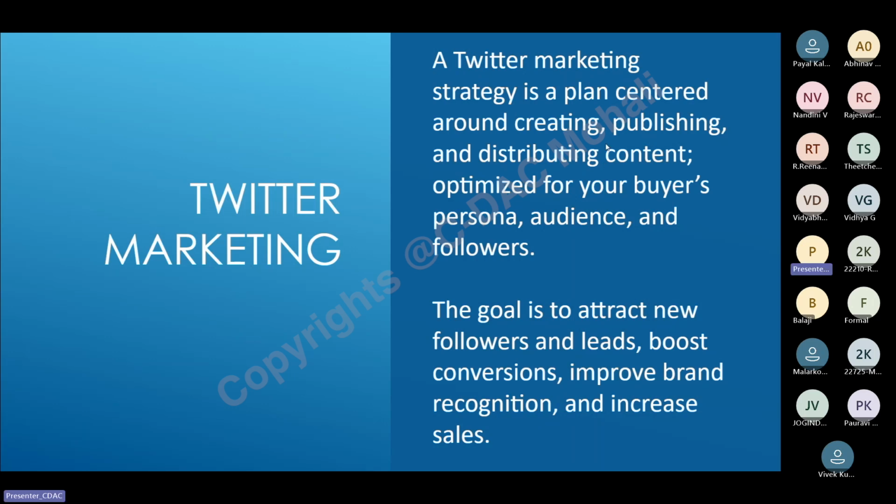Then you will publish that content on the platform, and then you will distribute that content to your friends or the followers you have, optimized for your buyer persona, audience, and followers. That content will be optimized for your buyer persona, meaning all the users, followers, and audience your account has.